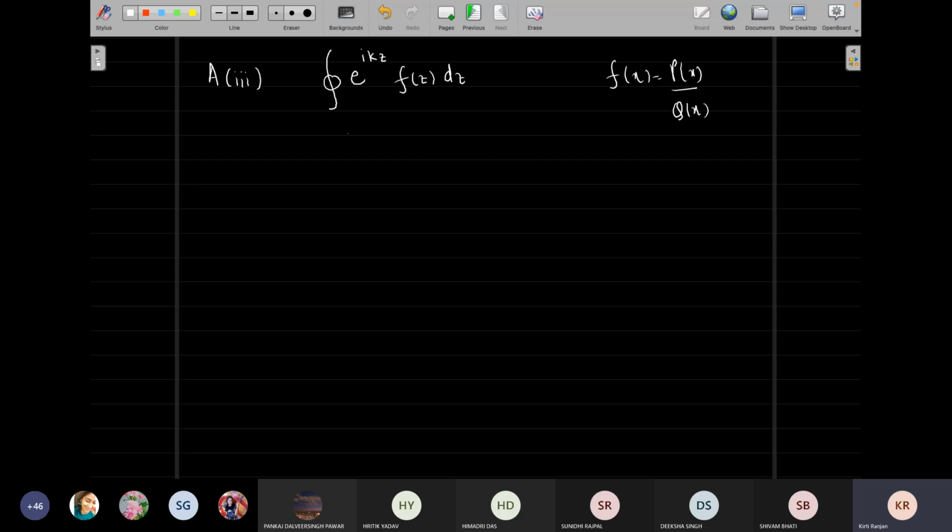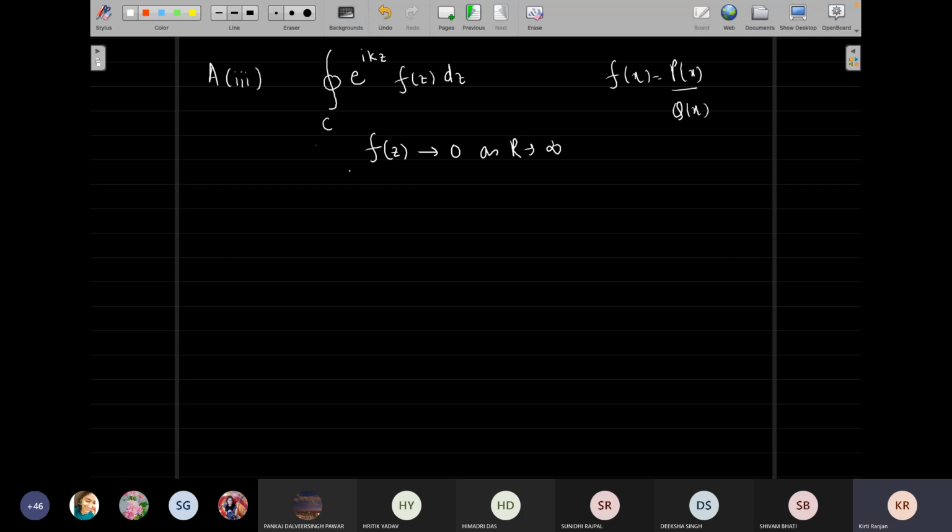But as soon as this e^{ikz} was added to this function, I should not be worried too much about this 1 over r squared. What I should be worried about is whether f(z) goes to 0 as r tends to infinity or not. I should not be worried about the rest of it.